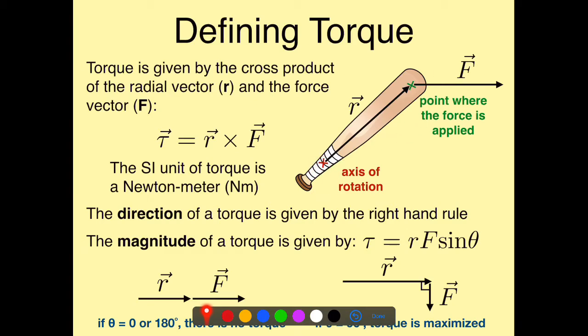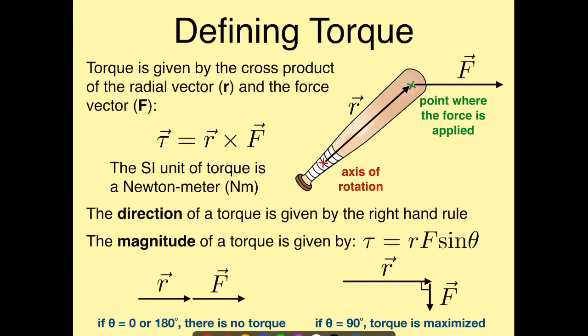So for the baseball bat, you might imagine you drill a little hole right here and attach that to some kind of pivot, and that will be your axis of rotation that the bat can then rotate around. So the radial vector takes you from the axis of rotation to the point where the force is applied. So it's just a vector going from the axis of rotation to the point where the force is applied. And then of course, F is that force. And if I take the cross product of r and F, what I get is the torque.